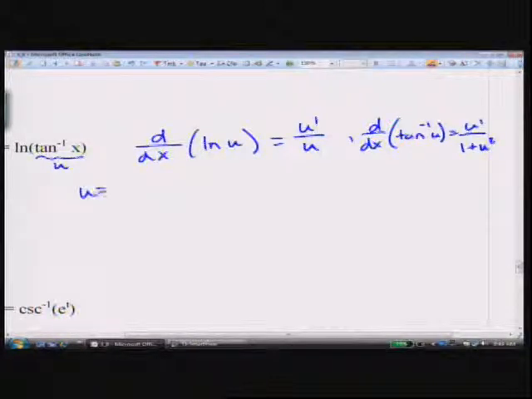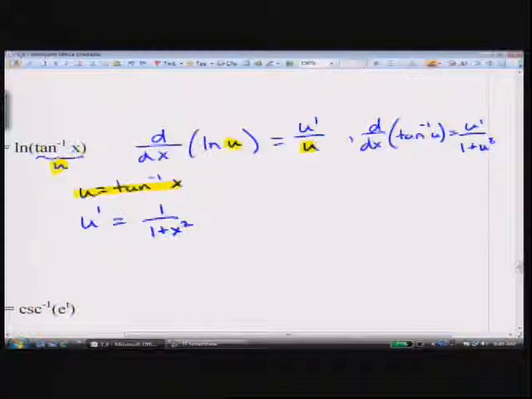So if our u from here is the inverse tangent of x, then u prime, the derivative of the inverse tangent of x, well, the derivative of x is just 1. So the derivative of the inverse tangent is just going to be 1 over 1 plus x squared. Does that make sense to y'all? Because the derivative of x is 1. So when you do this one, it's just going to be 1 over 1 plus x squared.